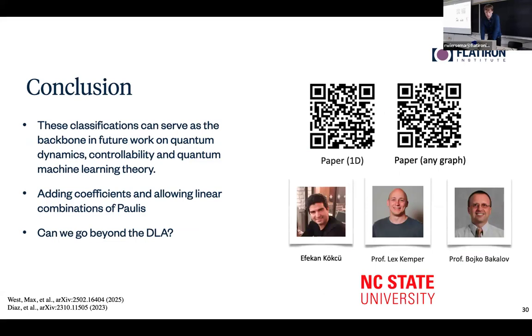And with that, I would like to conclude. I think these classifications can serve, hopefully, as a backbone of other work. Right now, if you're doing any sort of quantum info work that relates to the special unitary group in some way, then I think our classification will allow you to make statements about this whole class of dynamical Lie algebras.